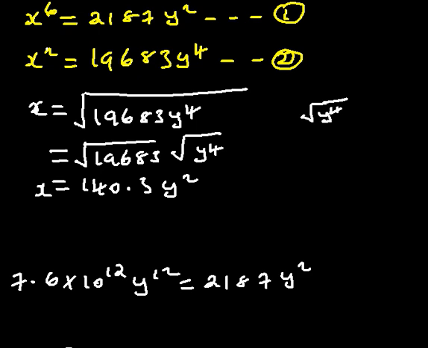So in this case, we transfer this to this side. That will be 7.6 times 10 to the power positive 12 y to the power 12 minus 2187 y to the power 2, equal to 0. Then we factor out the common factor, y to the power 2.